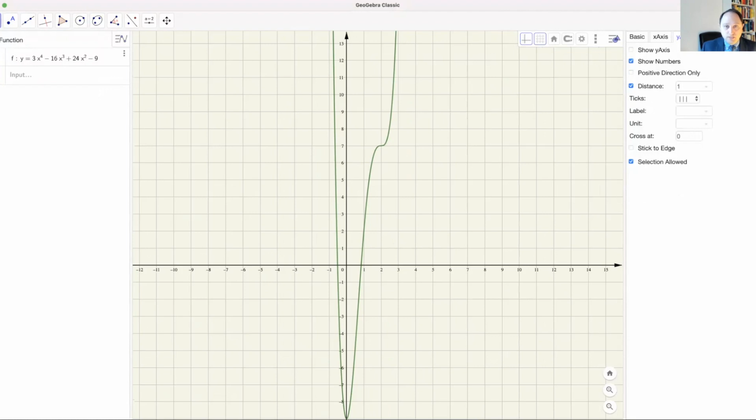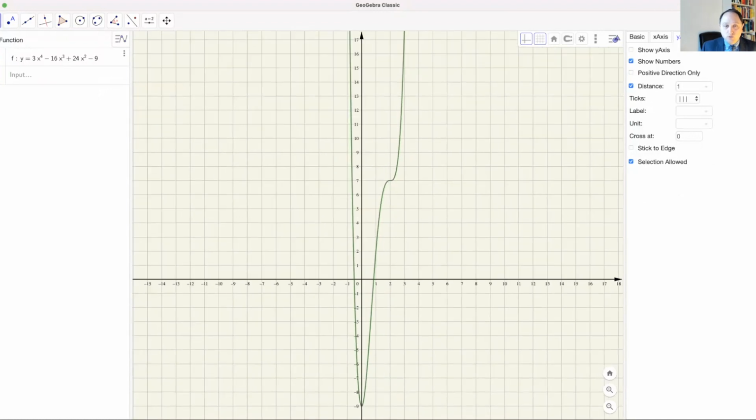You see, this is 2, exactly at the point that we predicted. We have a terrace point. And then we have only one local extreme point, which happens at 0, and the value is minus 9. And that is exactly the one that we predicted. So you see, this function doesn't have any maximum point at all, as we predicted.